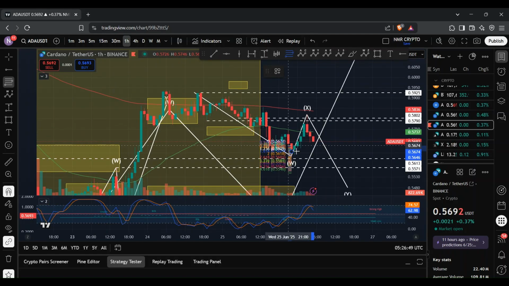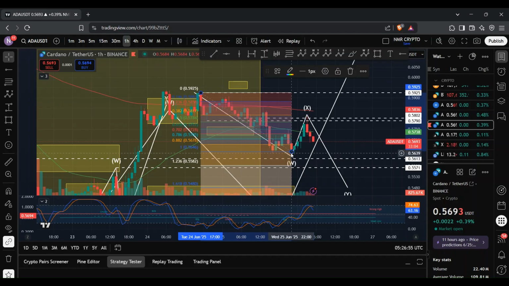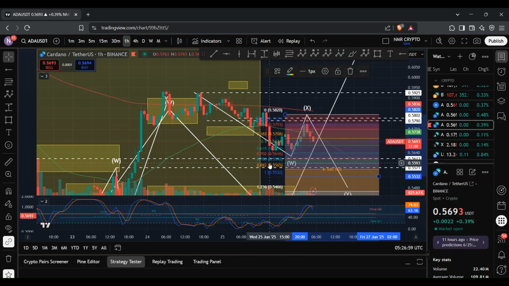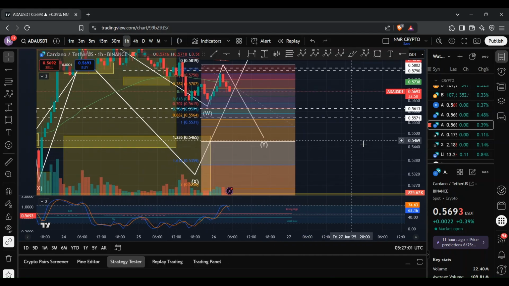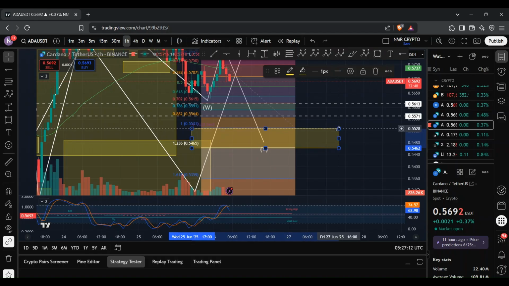I'll bring this to over here. So you can see that the Y wave would typically retrace anywhere between 1 to 1.236. So ADA could potentially reach anywhere between 54.65 cents to 53.31 cents.